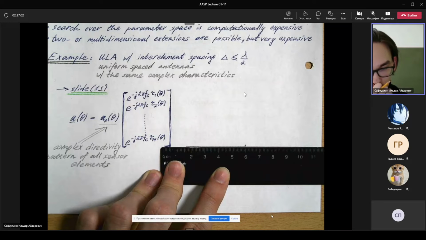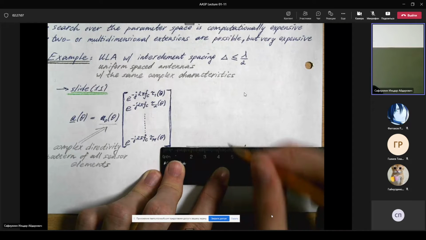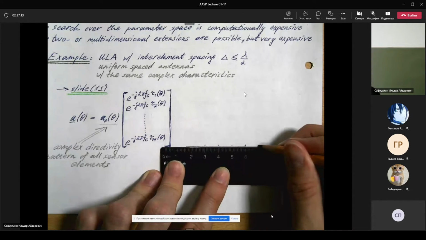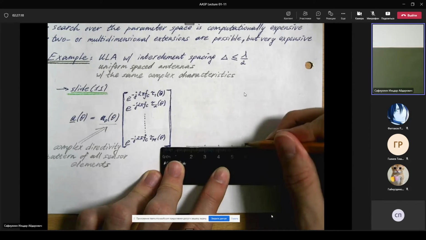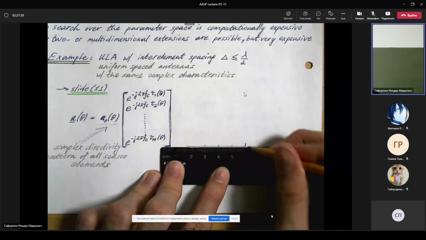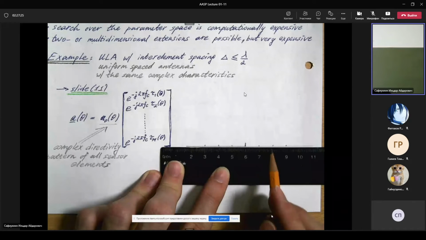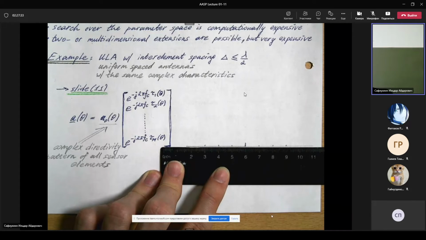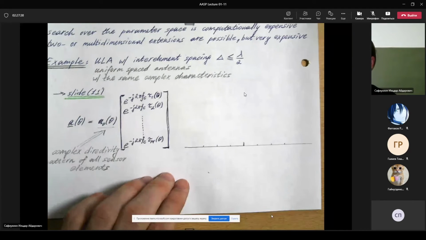Then what else? So here we will have the origin in this point, and for the right side we'll have 60 degrees, 120, and here, so it is pi, 180.